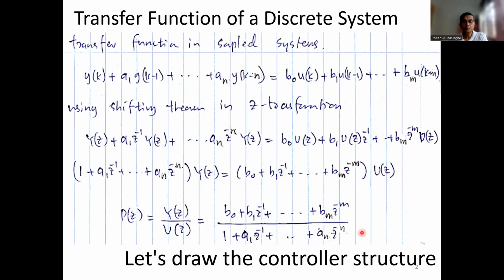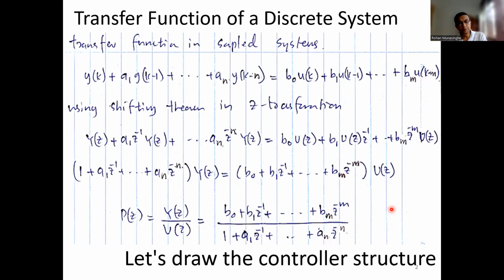And then once you get the ratio between, say, Y(z) versus U(z), this is very similar to the transfer function in first semester, the continuous time. Now this is the transfer function in discrete time, okay? On the right-hand side, you get the rational polynomial of z to the minus powers. The numerator goes to degree m, and the denominator goes to degree n. And for rational proper systems, n is greater than or equal to m, okay?